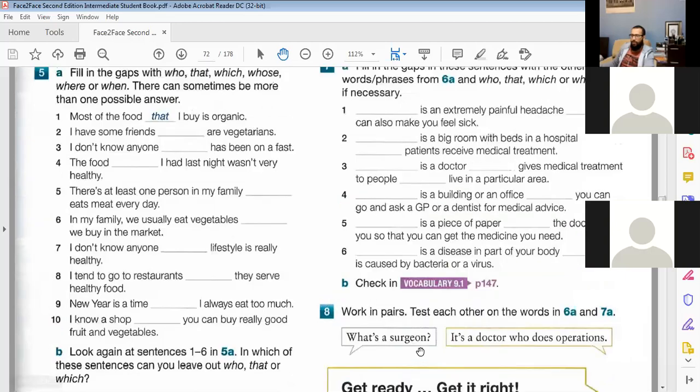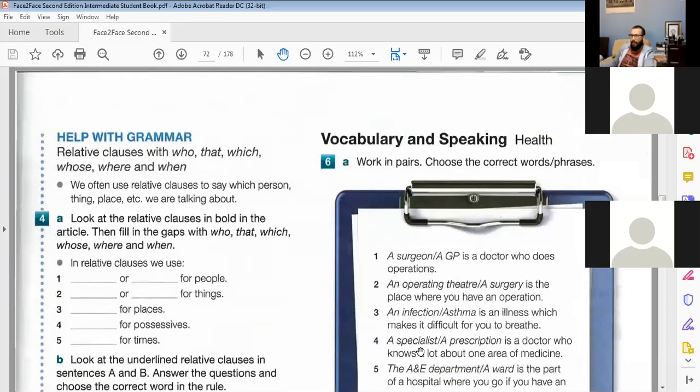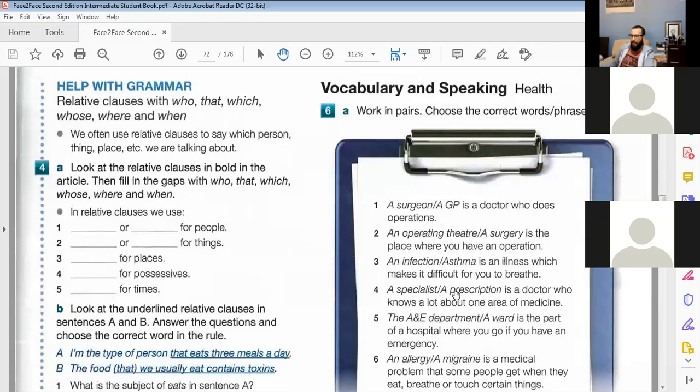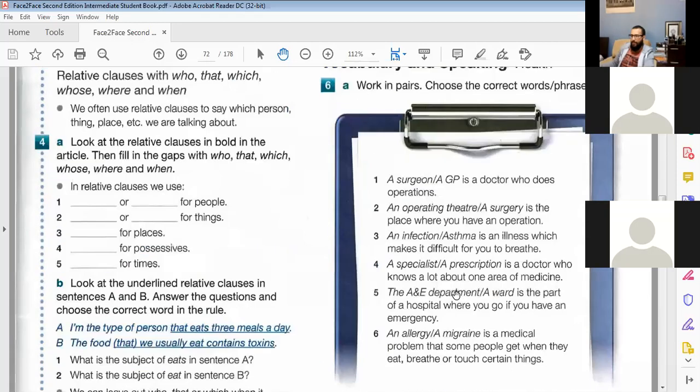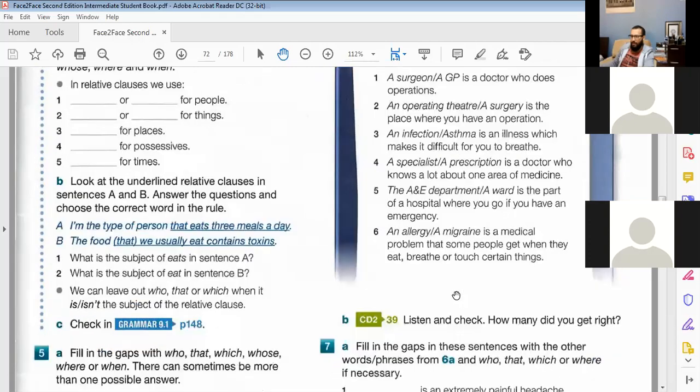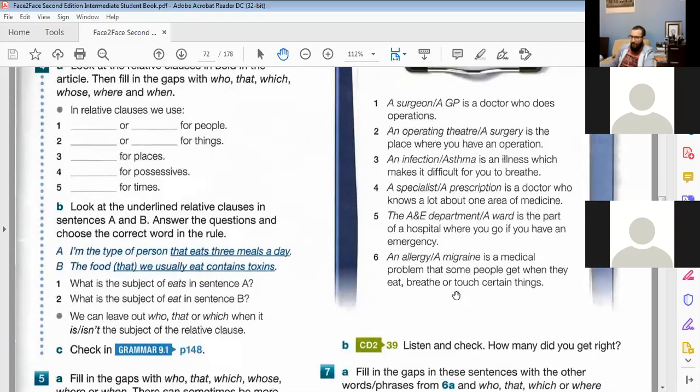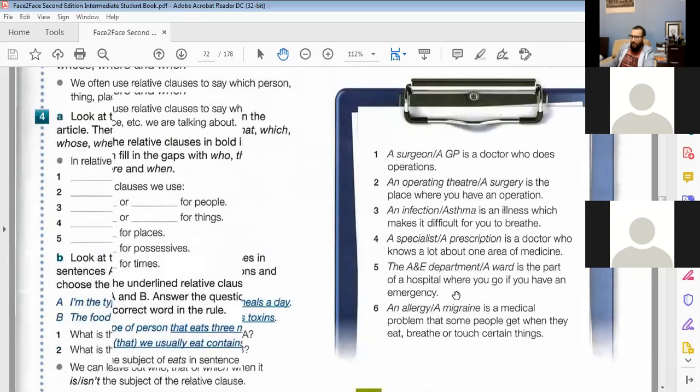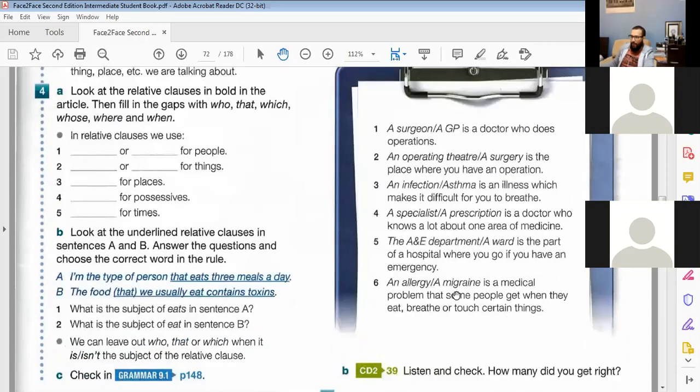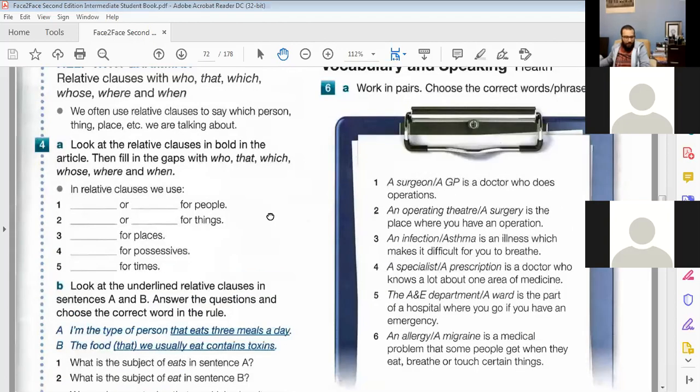Now what we want to do is, I want you to take a look at exercise number 6. After that, we're going to choose the right word. So here, of course, we have some new words, but I want you to guess.